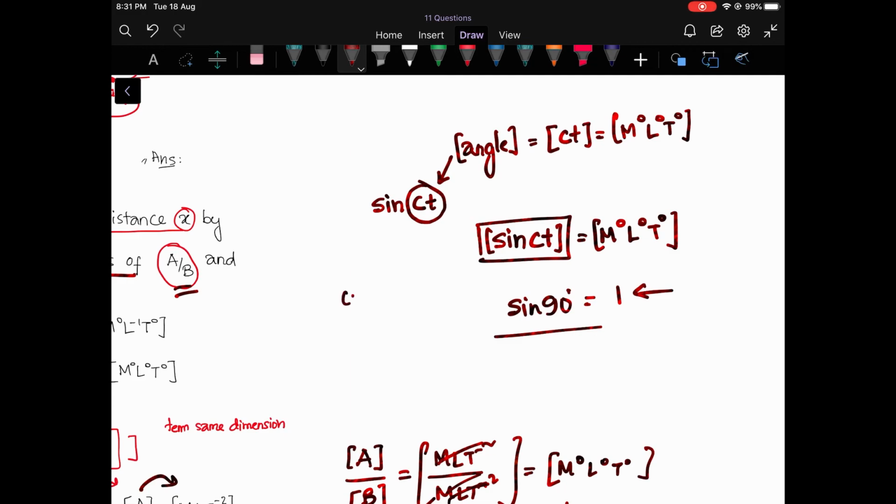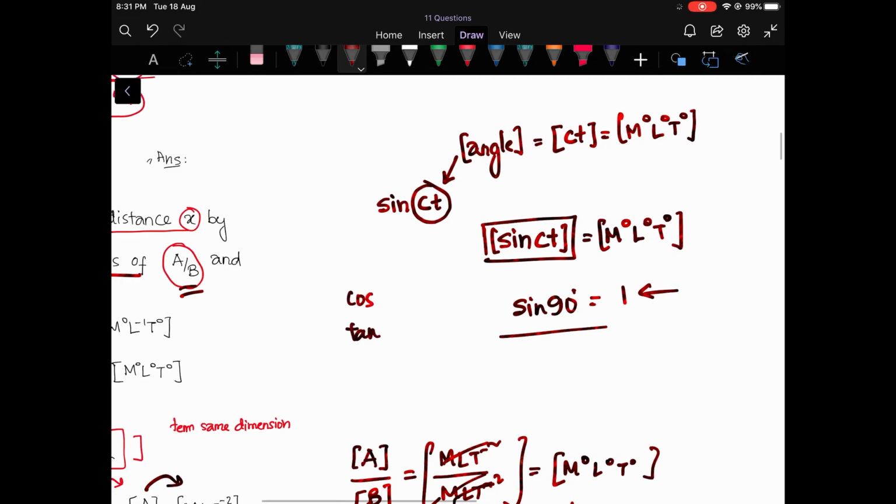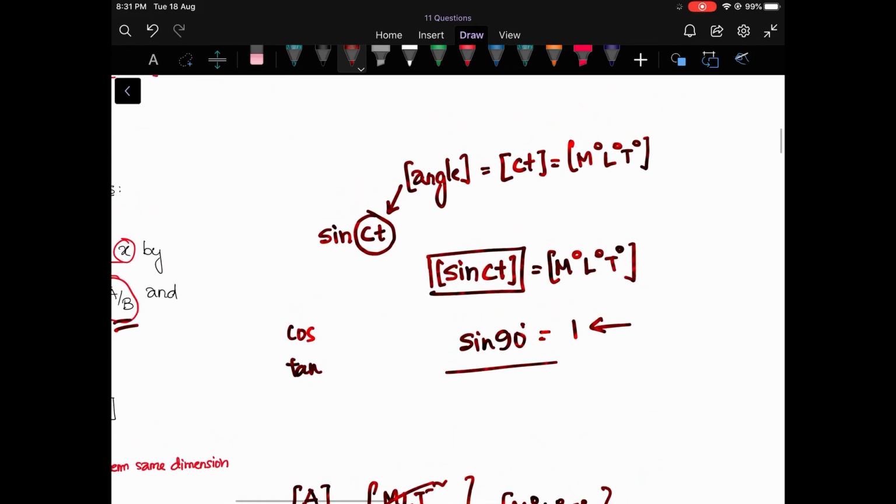Even that is true for your cosine function and tan function or any trigonometric functions that you can take. That's why you will see a drawback of dimensions is that sometimes it becomes difficult to look into an expression which has sine and cosine functions, and having them is not useful for us because they do not have any dimensions.